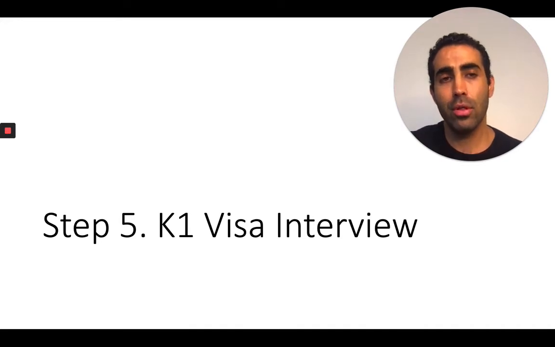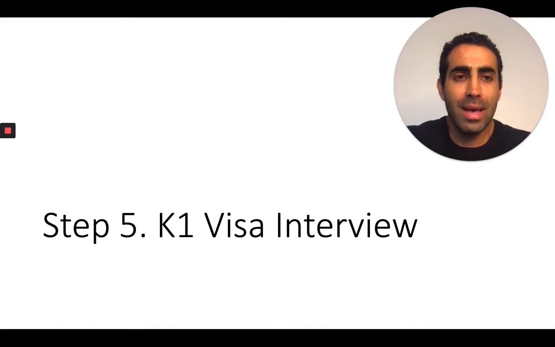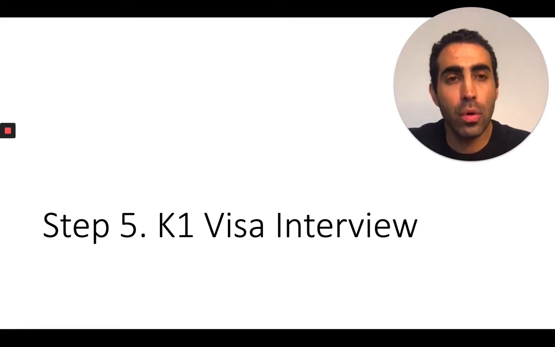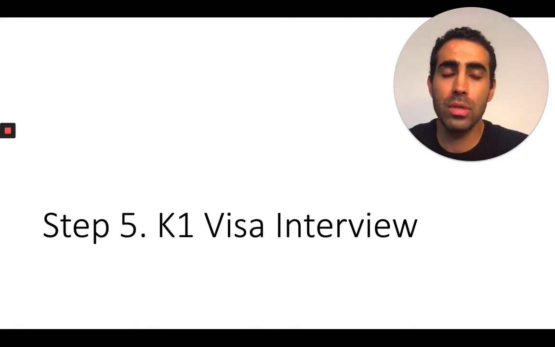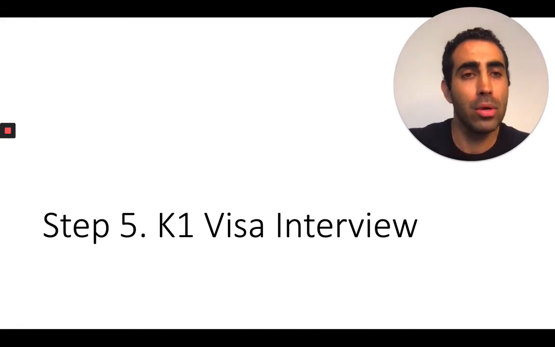Again, after the medical exam and the police clearances are completed, the next step is that you're going to go in for a K-1 visa interview. At the interview, you're going to be asked various questions about your relationship with your U.S. citizen fiancé. They may ask about when the last time you saw each other was, about your relationship.